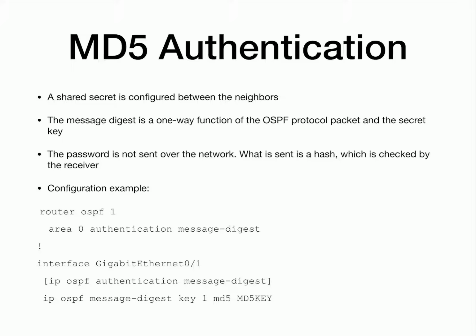And the message digest is a one-way function of the OSPF protocol packet and the secret key. So basically, if both routers have the same information, you should be able to produce the same hash, which would guarantee the integrity of the message content. Now, for successful MD5 authentication, the authentication type, the password, and the key ID must match.